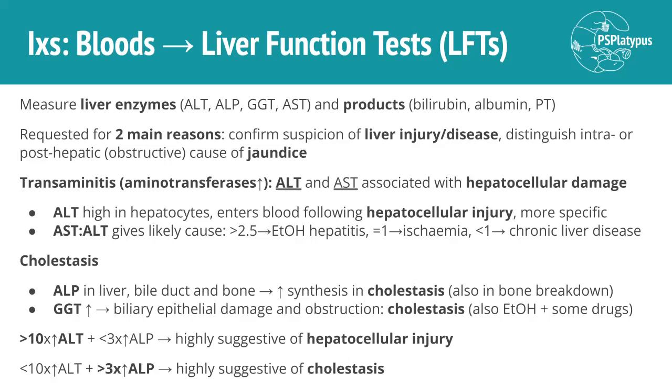So if you have an isolated elevation of just ALP, then you'd be thinking potentially of bone pathology, right? If the other liver enzymes aren't changed or aren't particularly abnormal. You might be thinking about things like bone cancer or some sort of bone injury or bone disease.